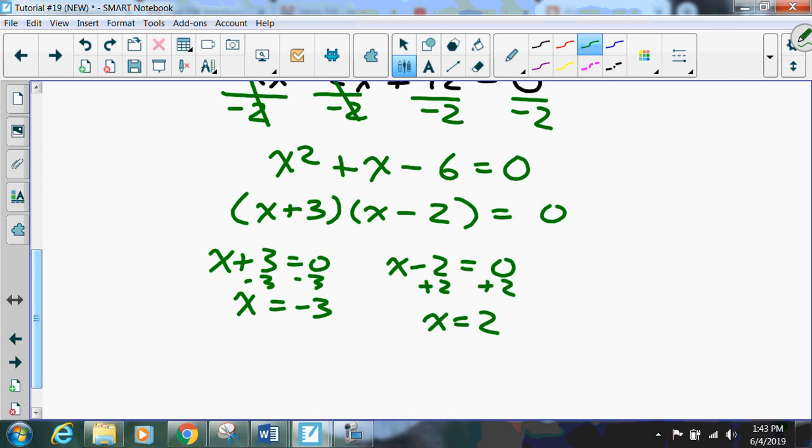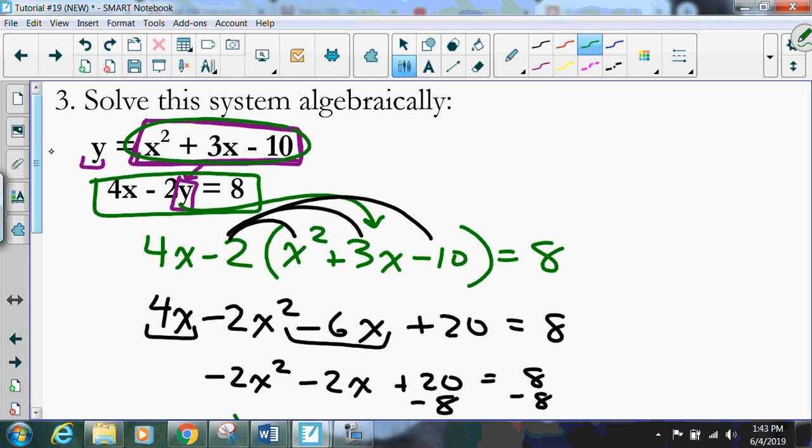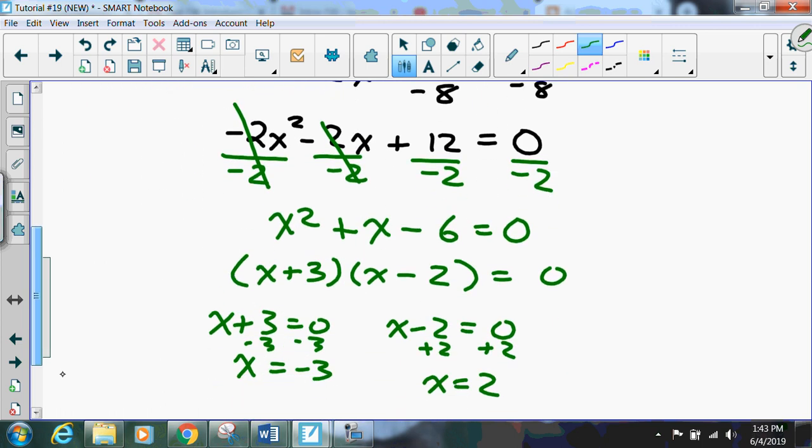And what did this question ask us for? It asked us to solve. So our solution, when we think about going back to linear systems, our solutions always are going to be a point, right? Or sometimes there's no solution, sometimes there's infinite solutions. But in this case, we're actually going to have 2 points as our solution.